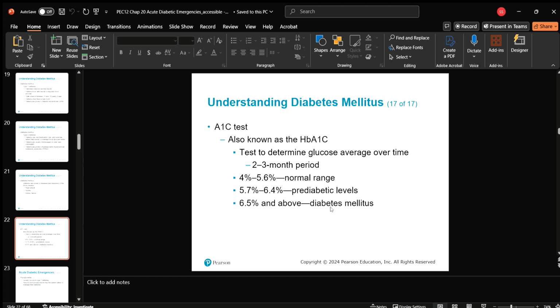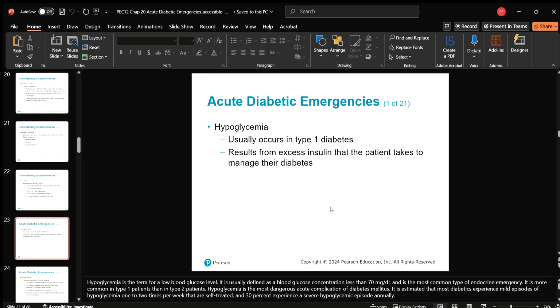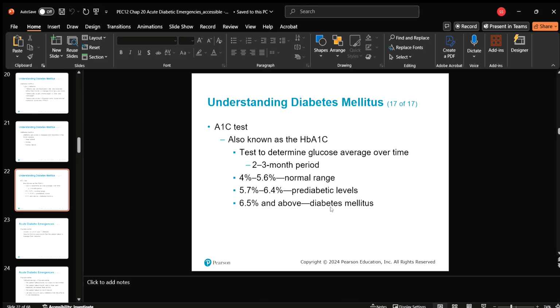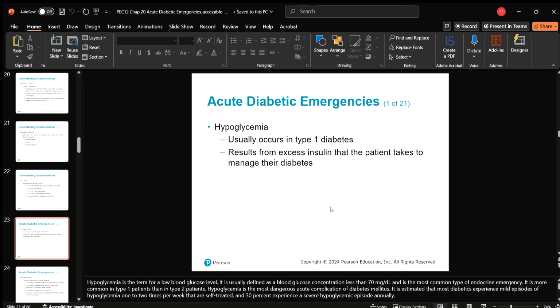To really accurately determine, you're going to need an A1C, also known as the HbA1c. It's just an exam to determine what your normal glucose level is. This is a test that's determined over a long period of time. Hypoglycemia typically occurs with type 1 diabetics and results from excessive insulin that the patient takes to manage their diabetes.